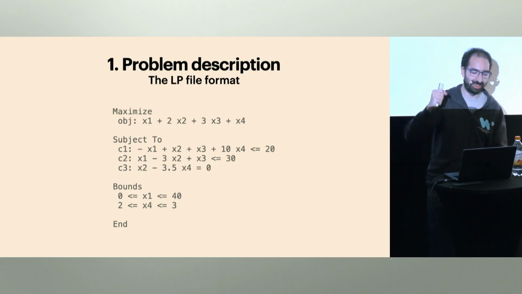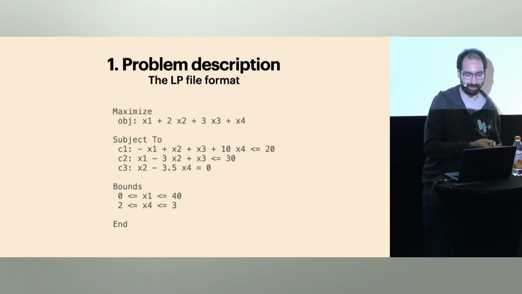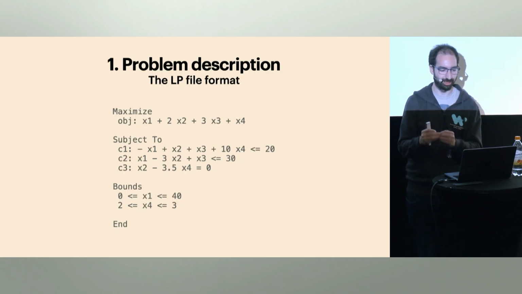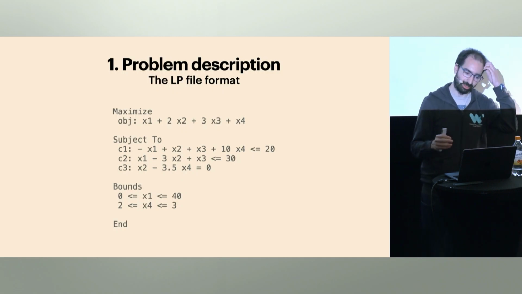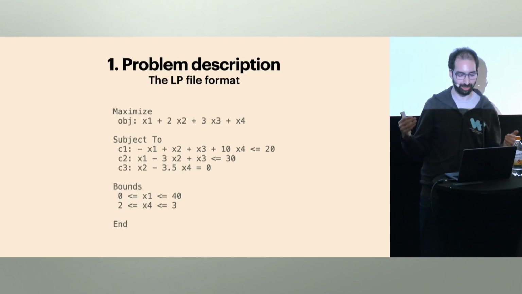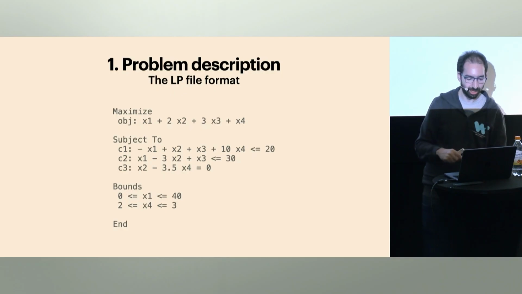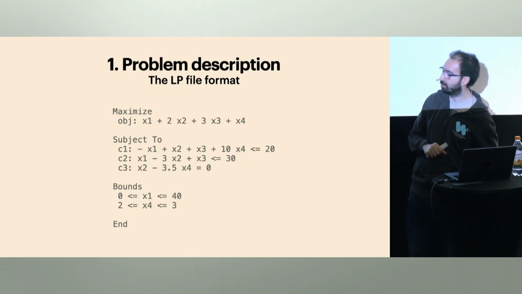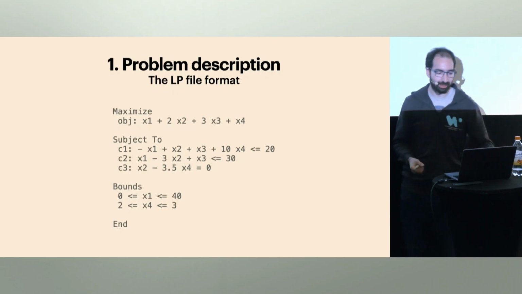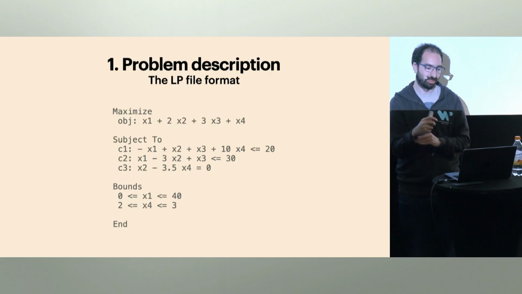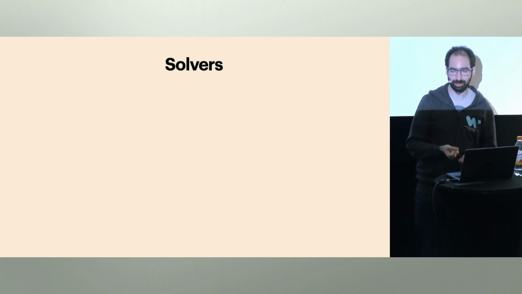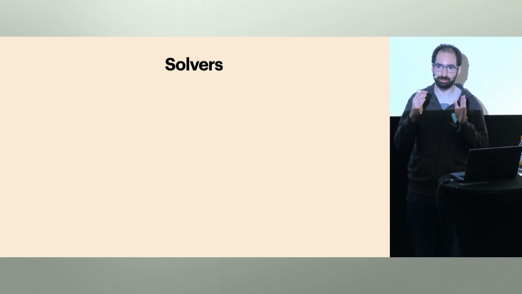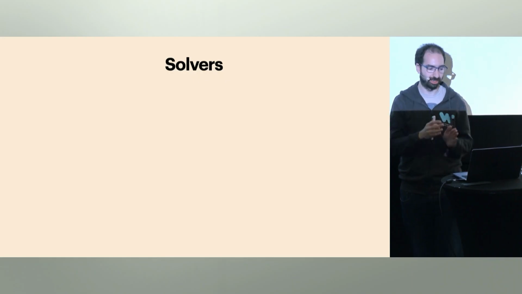It looks like this. It's kind of a DSL. It tells you exactly what you need to do. You write, I want to maximize some equation, linear, always linear, subject to some constraints, and then you give some bounds to the variables and then end. Once you write this, you give it to solvers, which are only made to solve these kinds of problems.